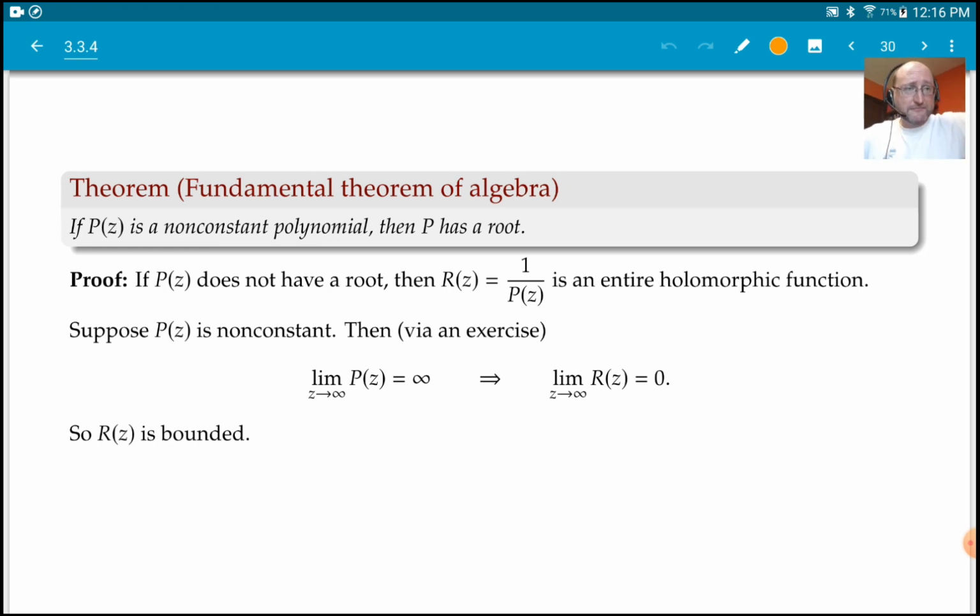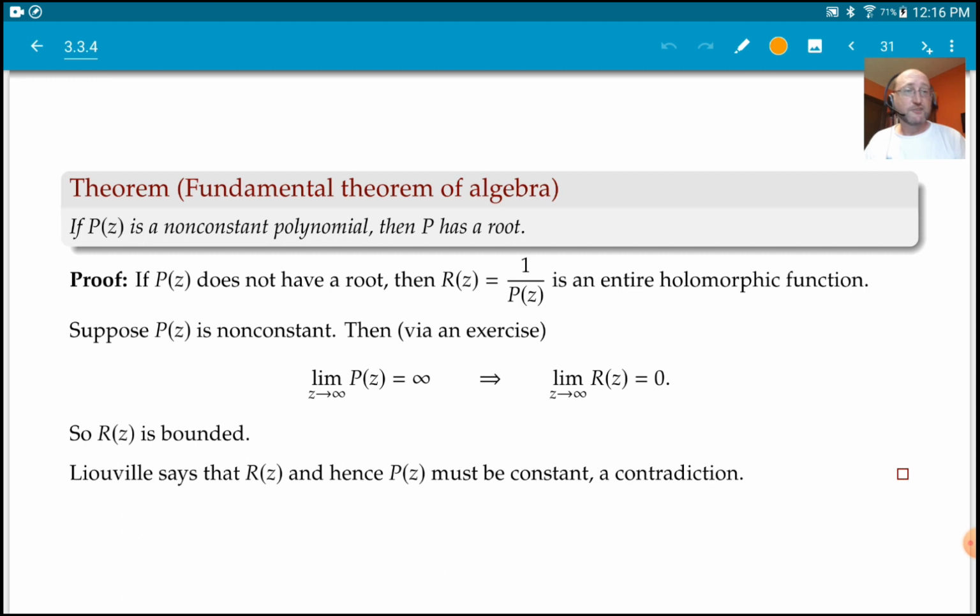So R is an entire holomorphic function which is bounded. Liouville says that it must be constant. Well, if R is constant, P is constant. But that was a contradiction, since we were assuming that it's non-constant. So that's it. It's ridiculously simple.